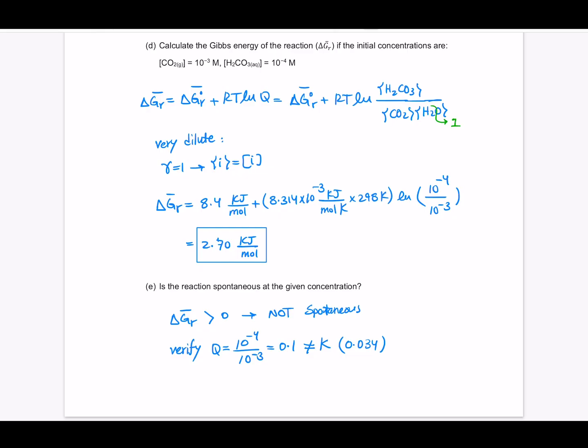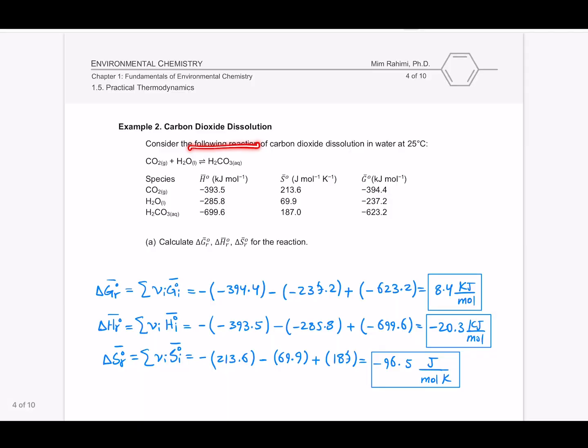And since it's not equal to K, it's not at equilibrium, and Q is bigger than K. We know that if Q is bigger than K, the reaction is spontaneous in the reverse direction. So it doesn't go this way, but it would be spontaneously going backwards. So Q reaches the K value by going this direction. So we have more carbonic acid forming CO2.